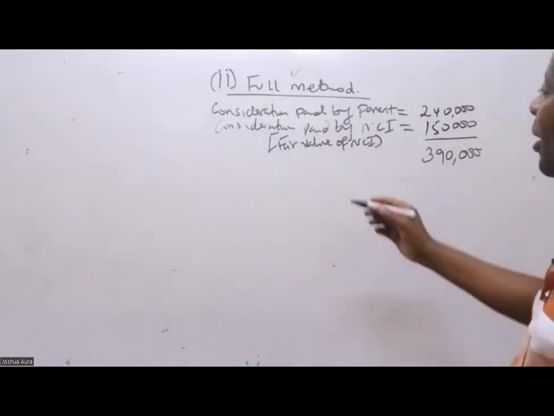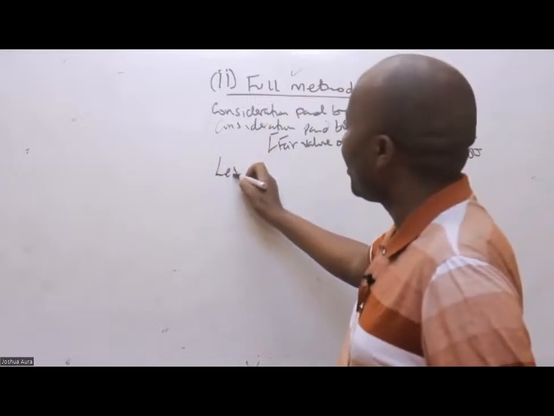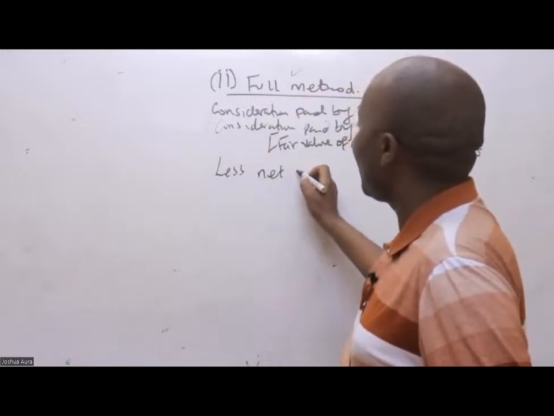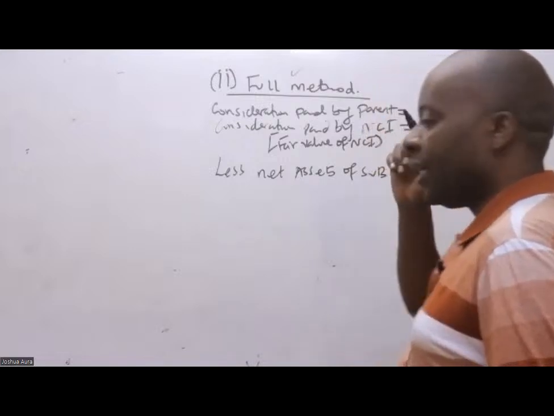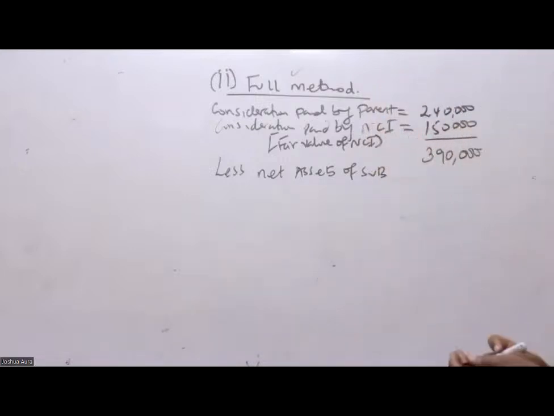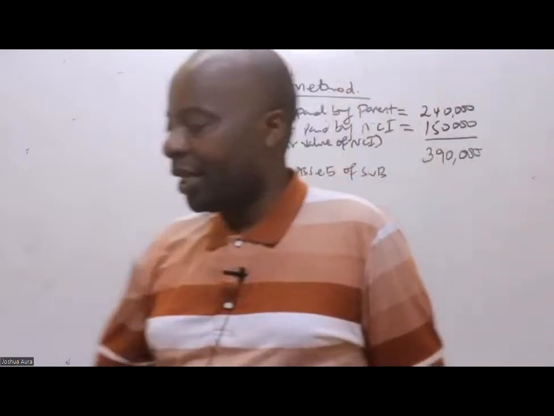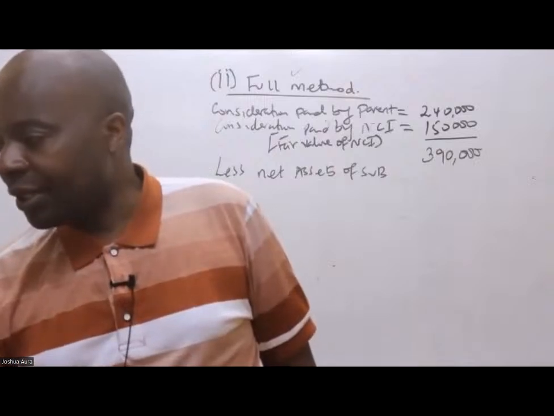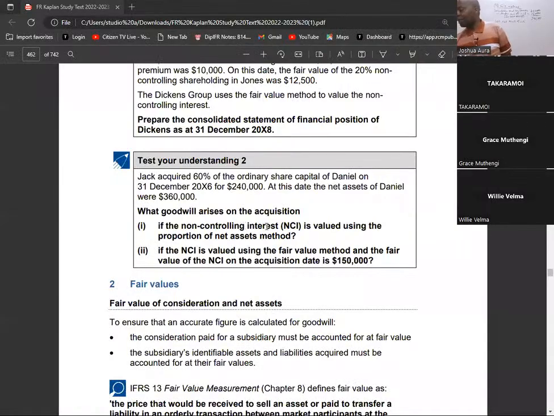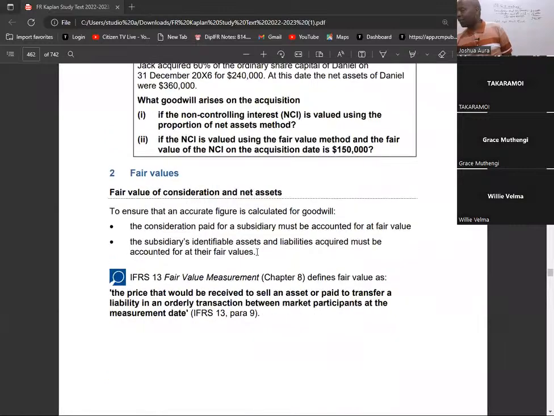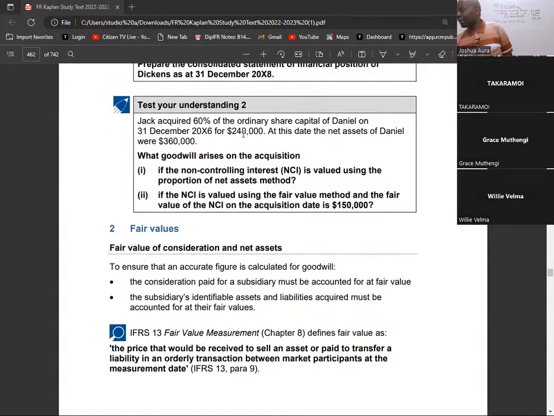From there we shall come under less net assets of the subsidiary. Are you able to see the net assets of the subsidiary? The net assets of the subsidiary told us is $360,000.